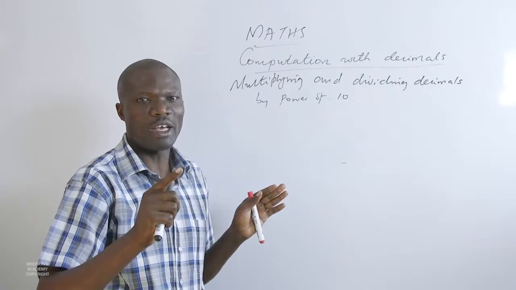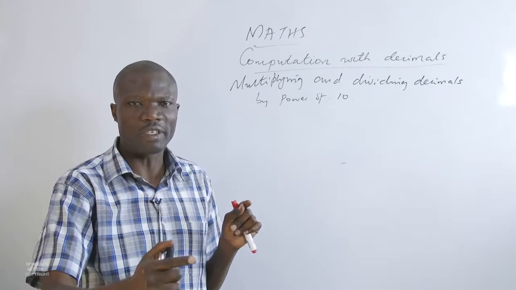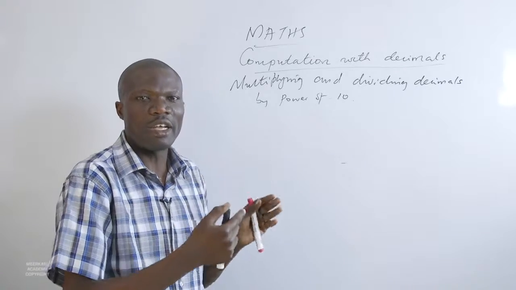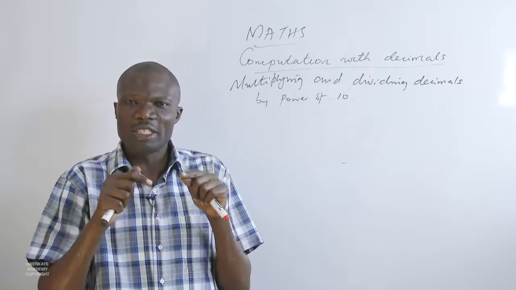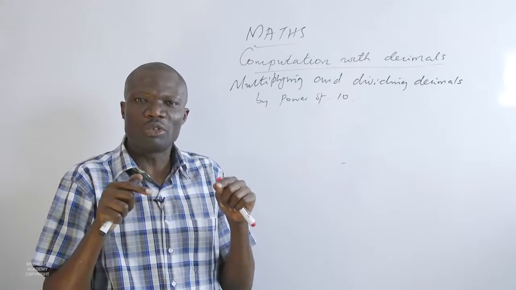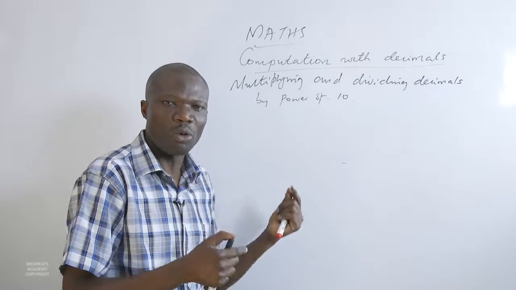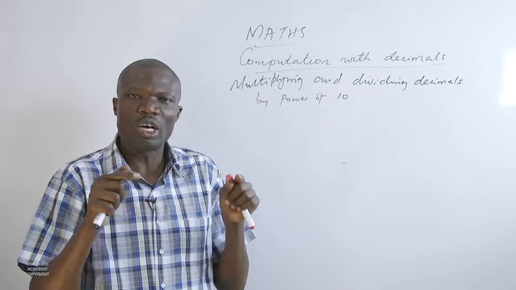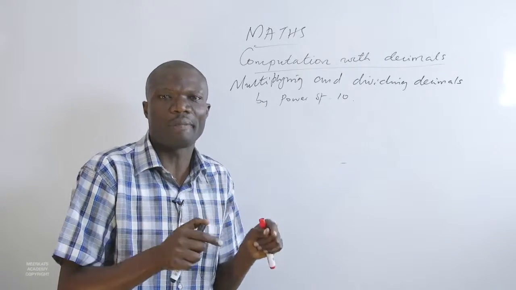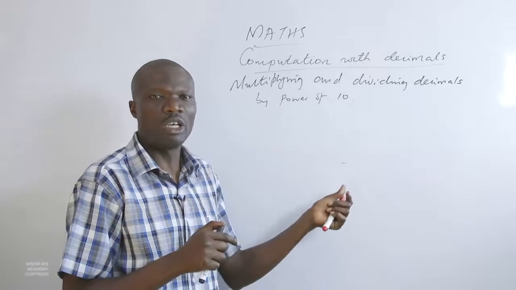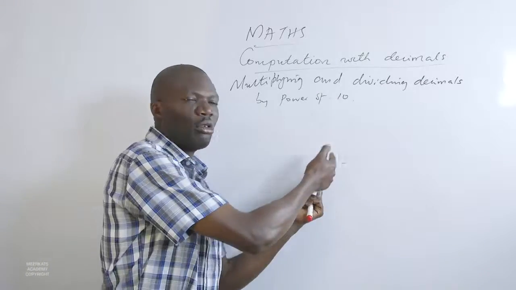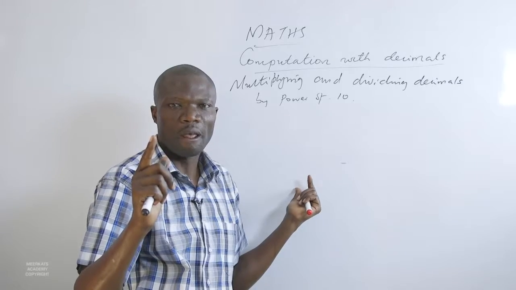When you are multiplying, it moves to the right. But when you are dividing, it will tend to move to the left. How many steps? You look at the number you are dividing with, which is the power of 10. If it is only 10 with 1 zero, we move to the left 1 step.